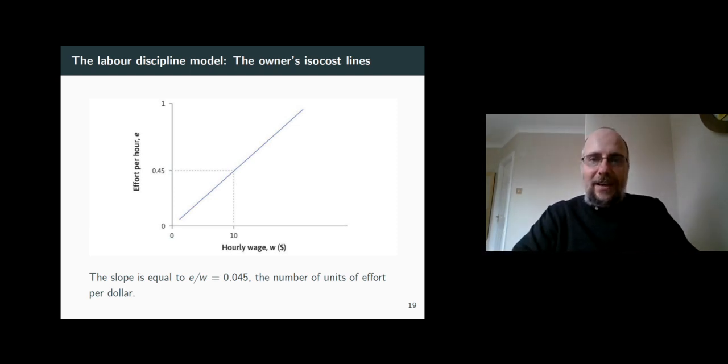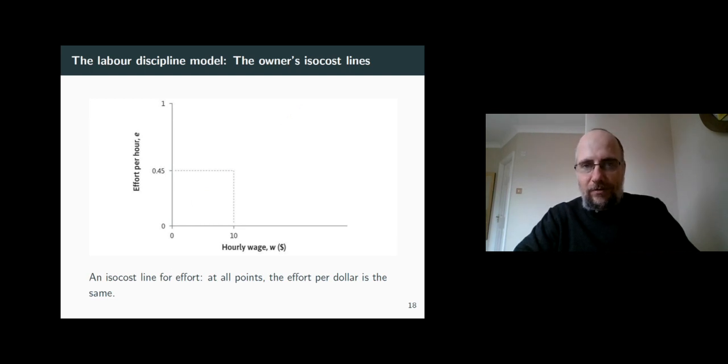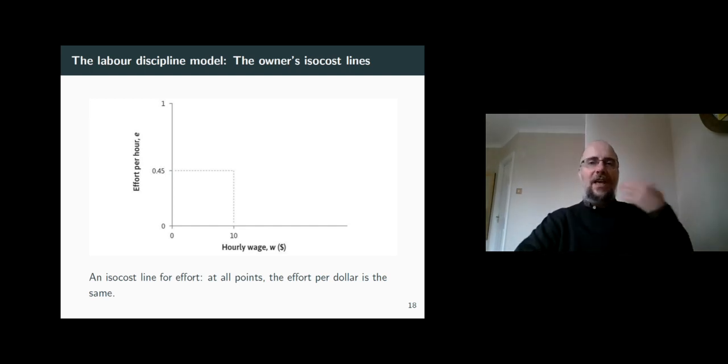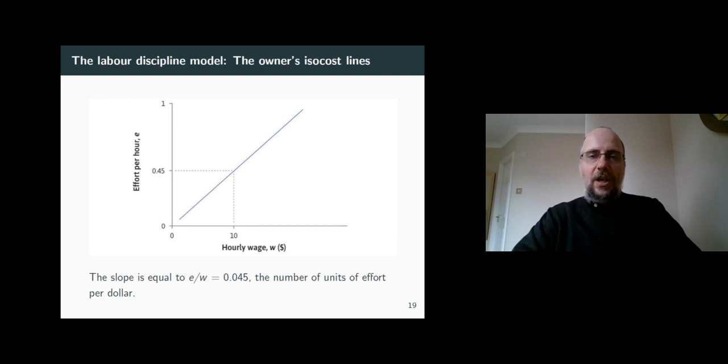So let's take an effort level of 0.45. This means the worker works at their potential 45% of the time. Let's say it costs the firm $10 per hour to keep the worker at this level of effort. But there are a bunch of points with exactly the same trade-off between effort and costs. For example, a level of effort of 0.9 would cost $20.